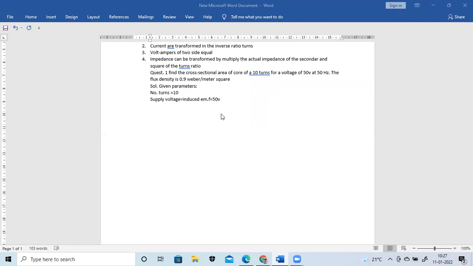What other parameter is given? Flux density, just flux density equal to 0.9.